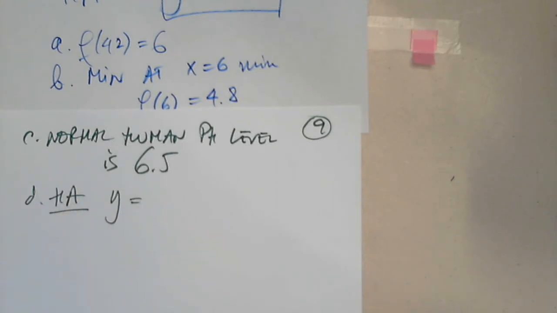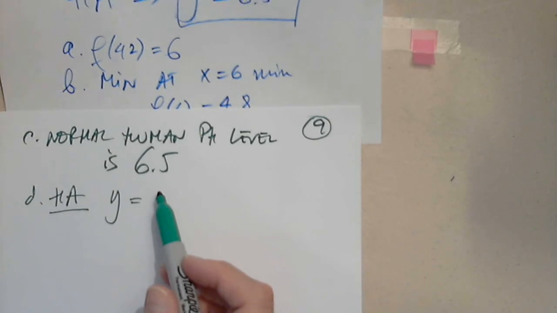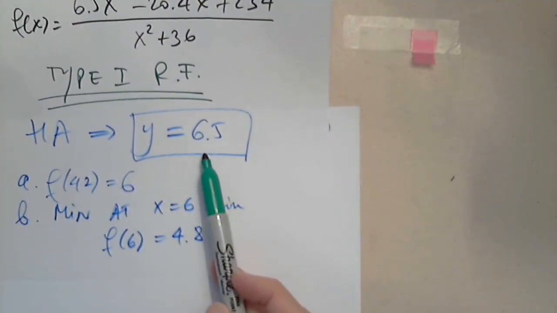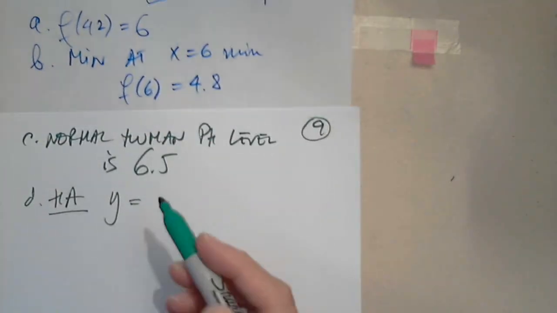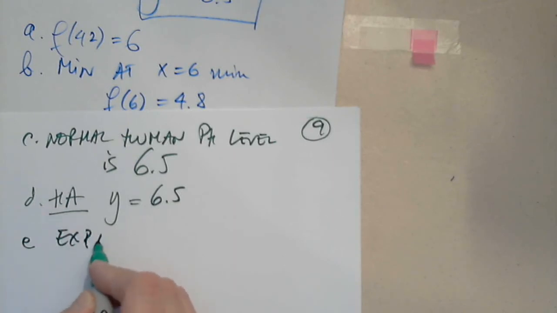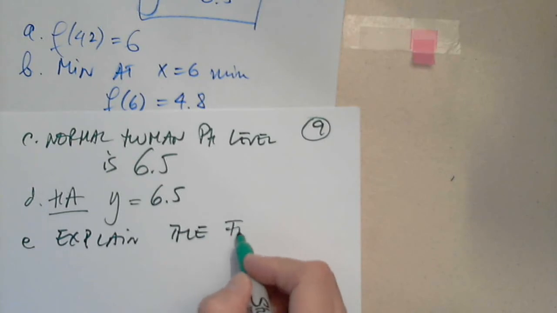What is it? I wrote it from the beginning. 6.5. And in part E, explain the trend of the function.